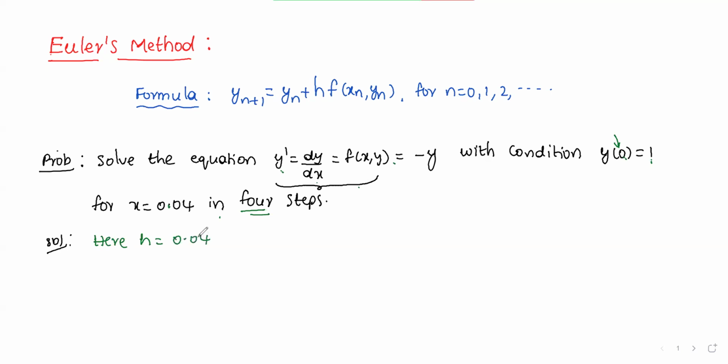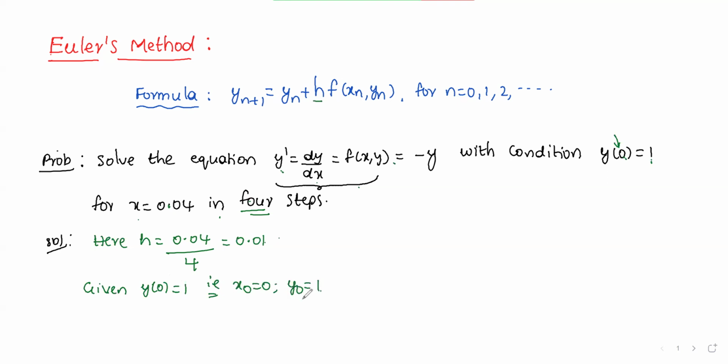We don't know the h value, so we take h as follows: x is equal to 0.04, divided by 4 steps, that is equal to 0.01. Given y of 0 is equal to 1, that is x naught is equal to 0 and y naught is equal to 1.